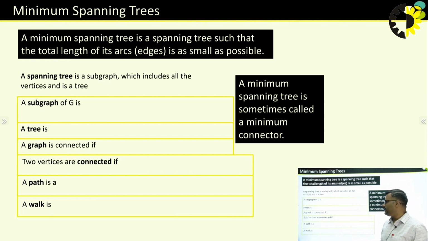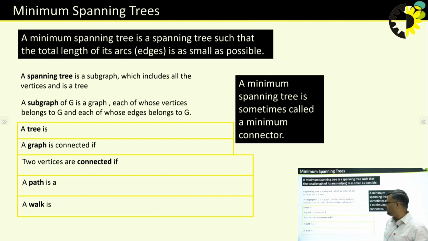Then here we will take some examples. A subgraph of G is one each of whose vertices belong to G and each of whose edges belong to G.